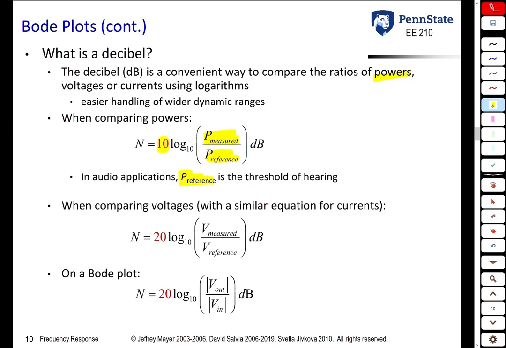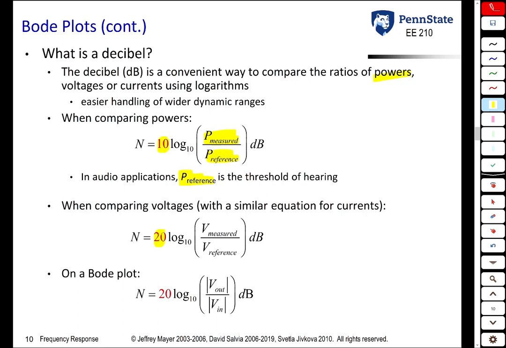In our situation here, we have a slight variation on the decibel equation. First off, we're not measuring ratios of powers, we're measuring ratios of voltages, output voltage over input voltage. Because we're using voltages rather than powers, the dB equation has a 20 out front rather than a 10 out front.